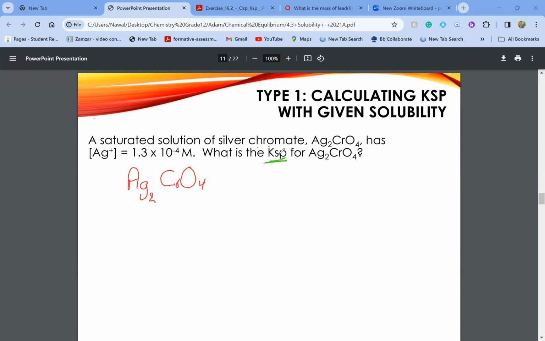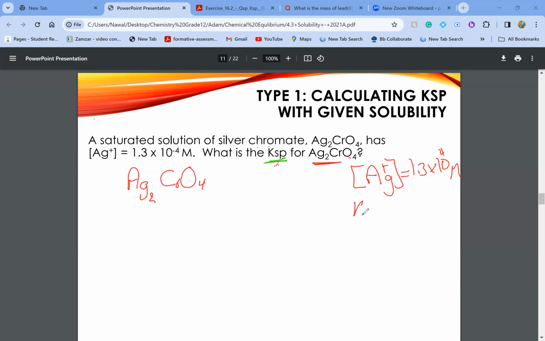What is the KSP of silver chromate? What is the given? 1.3 times 10 to the power -4 molarity. And he needs from me the KSP for this one.